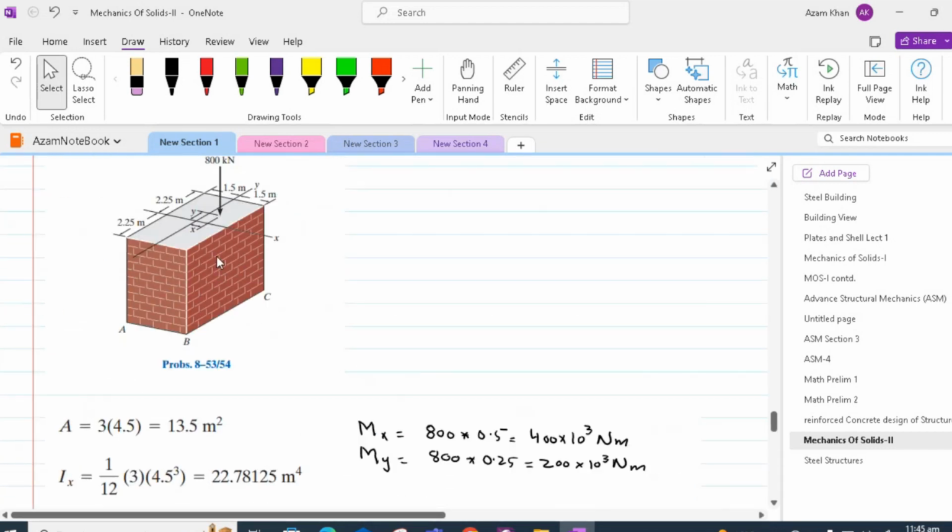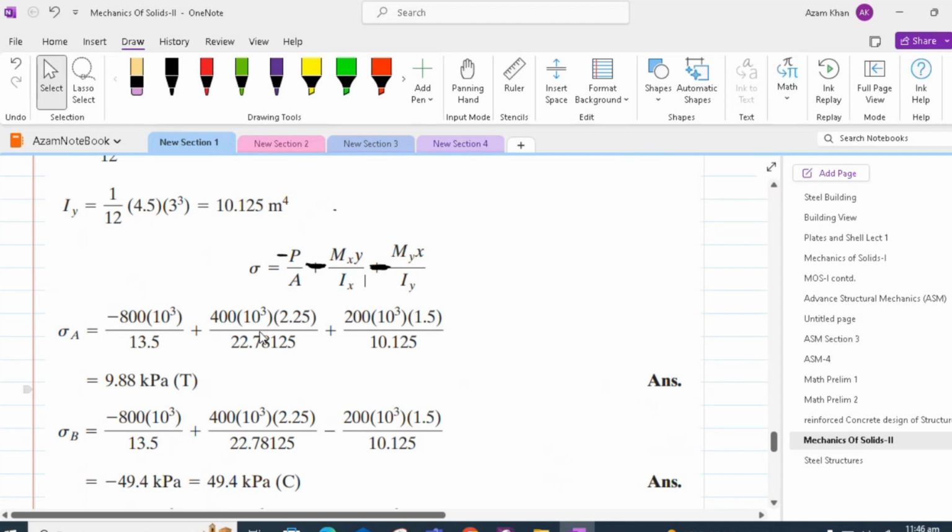Now, in order to find out the stress at A, we have to use x equal to minus 1.5 meter and y equal to minus 2.25 meter. Hence, we get the second and the third terms positive.